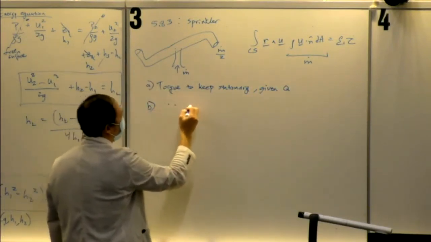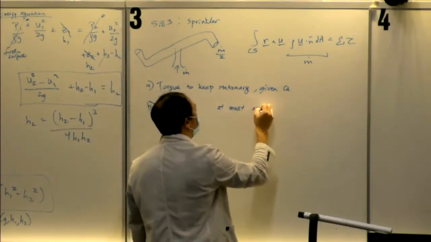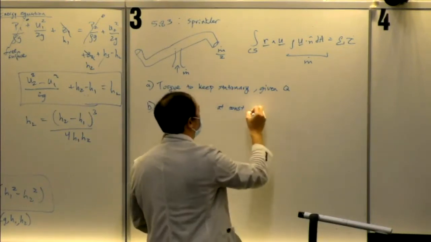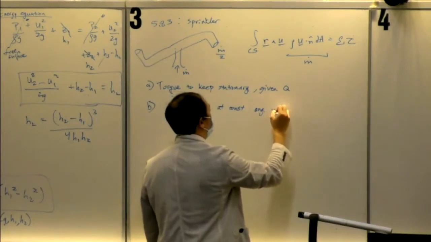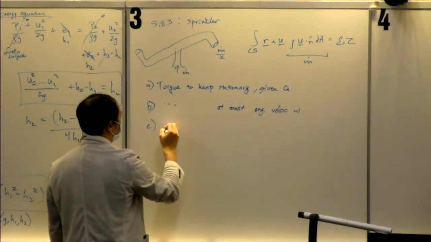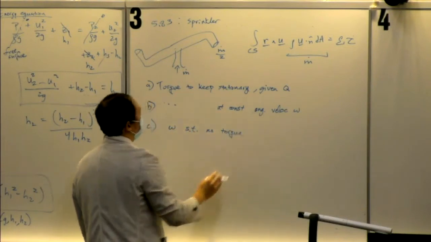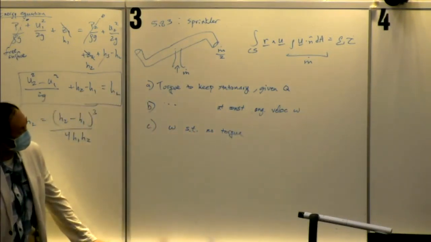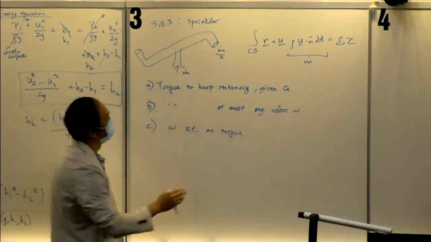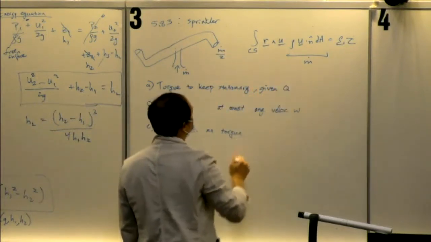Then it's the torque to keep it at constant speed, constant angular velocity omega, and the omega such that there is no torque. I think everyone should be able to do part A without too much difficulty. That just requires you to calculate this R cross U correctly and use the M dot.